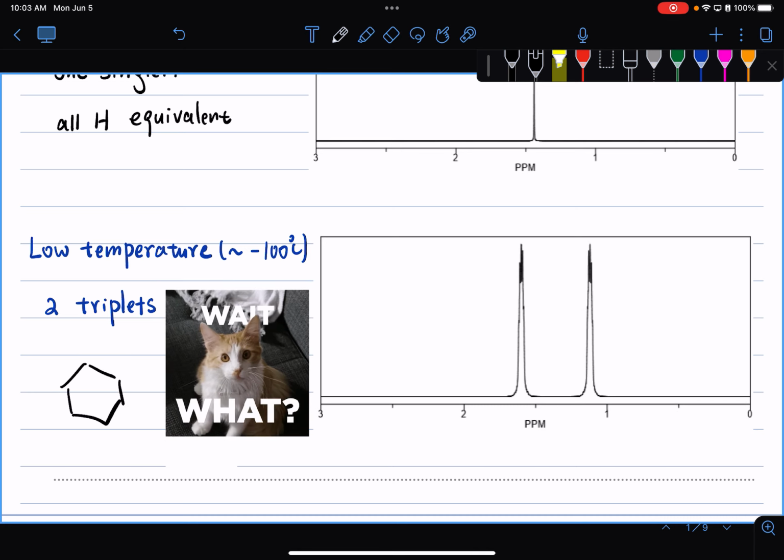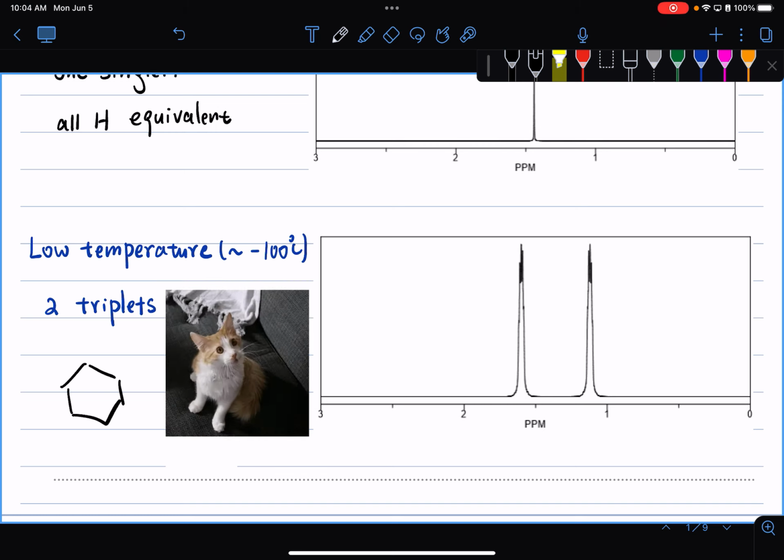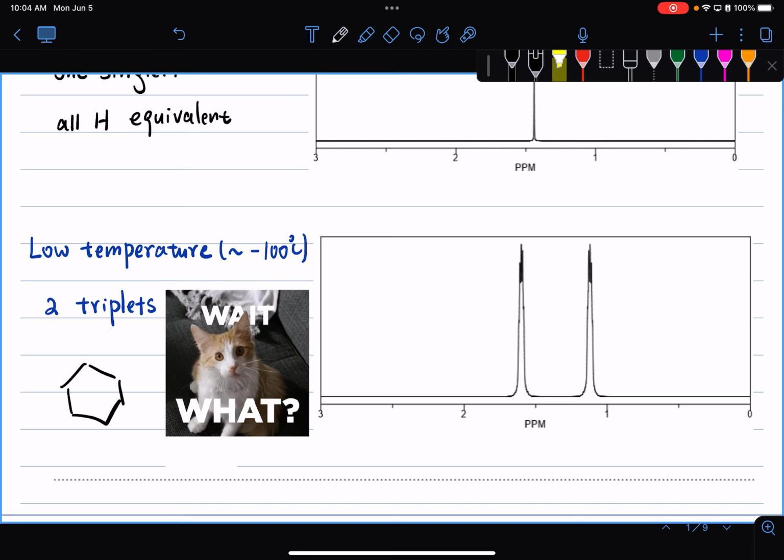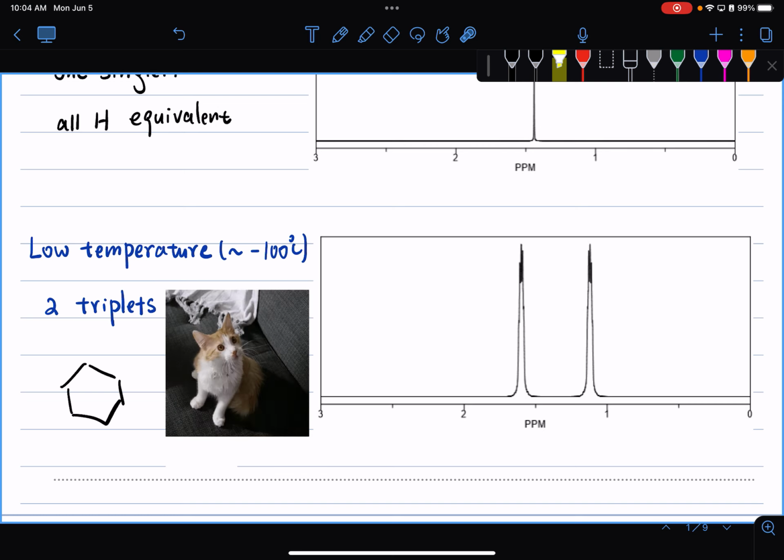So what this tells us is that in my cyclohexane molecule, we have two different types of hydrogen atoms at low temperature. These two types of hydrogen might be interconverting at room temperature, and that's why I only see one peak at room temperature. So this is where the conformation of cyclohexane plays a lot of role.